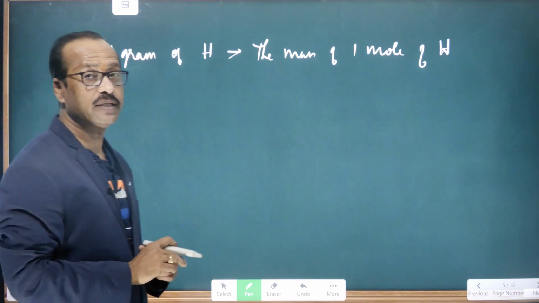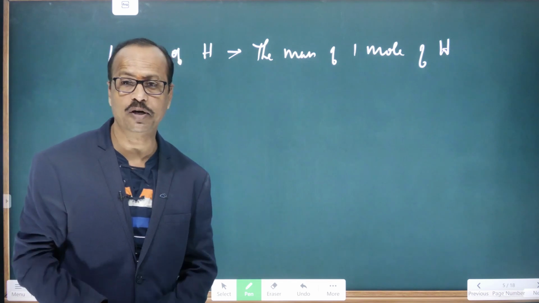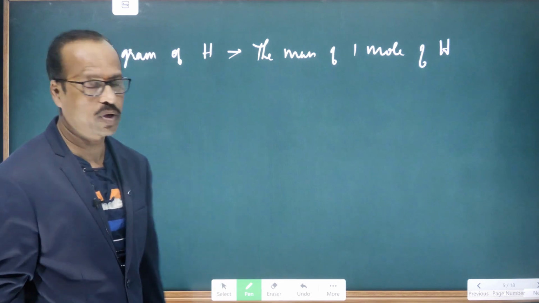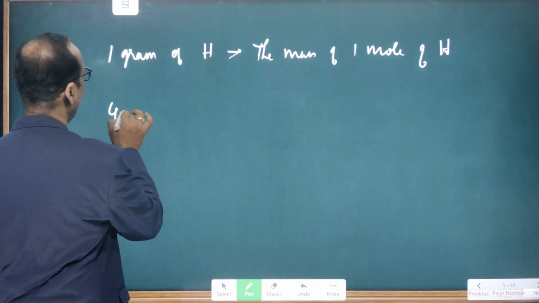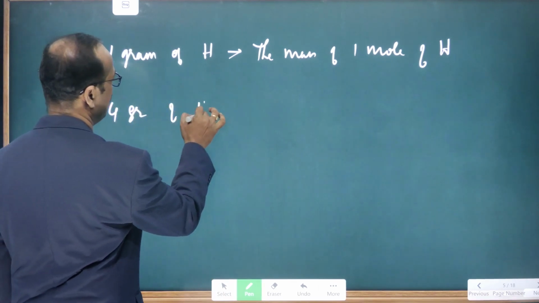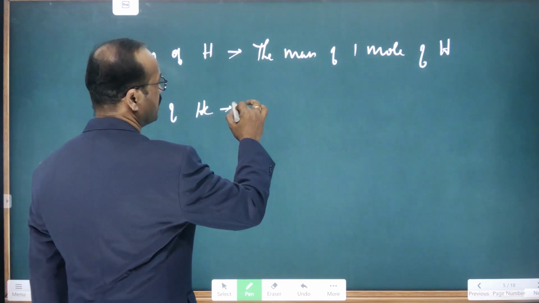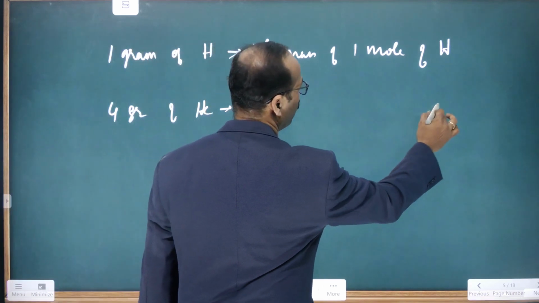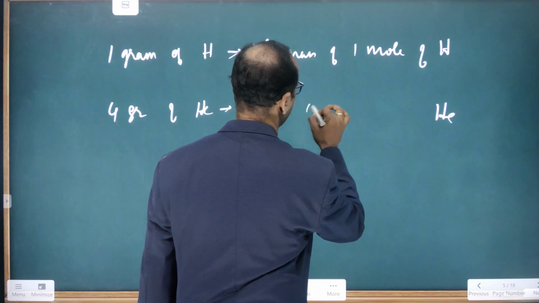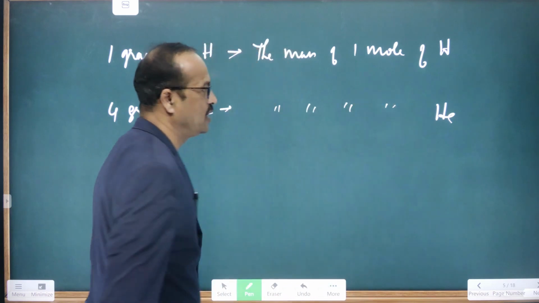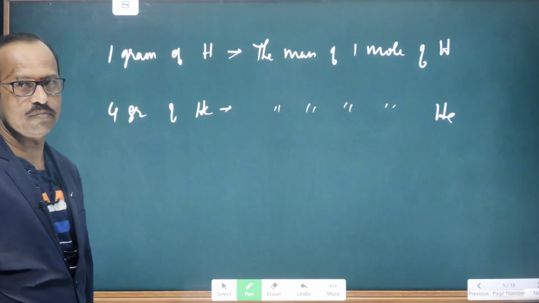Now what is the helium atomic mass? 4. So 4 grams of helium means the mass of 1 mole of helium is 4 grams.